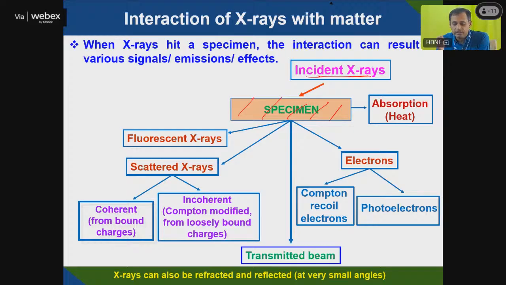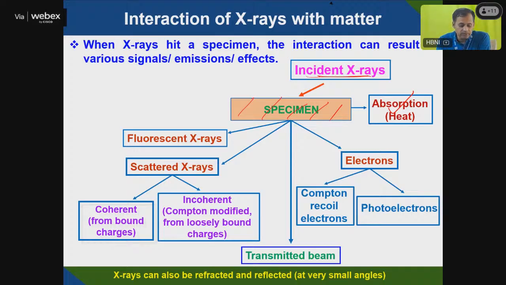First, absorption can occur, and because of the absorption you can see some heat. The material can be heated because of the X-ray. The energy can transfer from X-ray to the material, and it can be heated up because of the background interaction that we discussed.